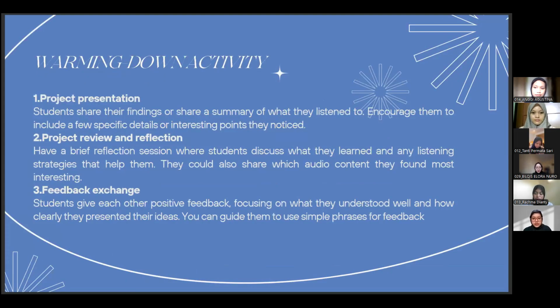Then the last point is warming down activities. There are three steps in warming down. First is project presentation. Students share their findings or a summary of what they listened to. Encourage them to include a few specific details or interesting points that they noticed.